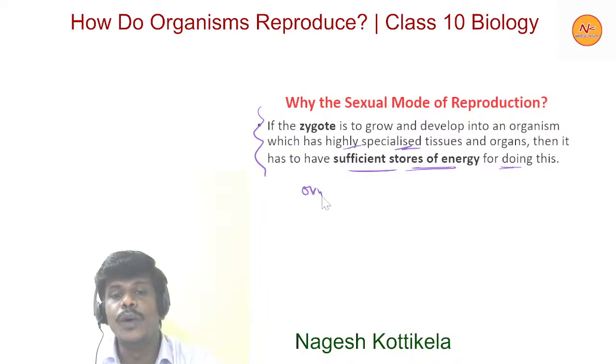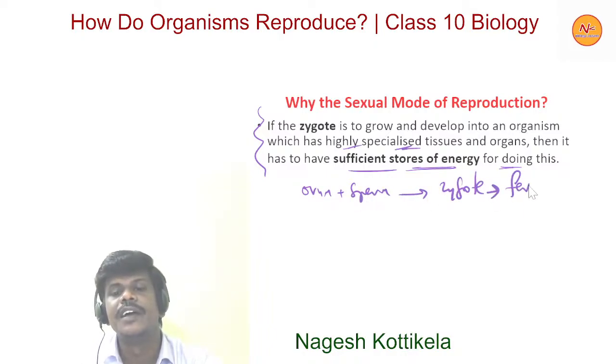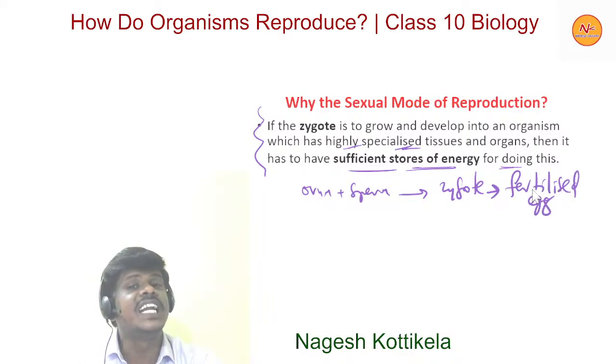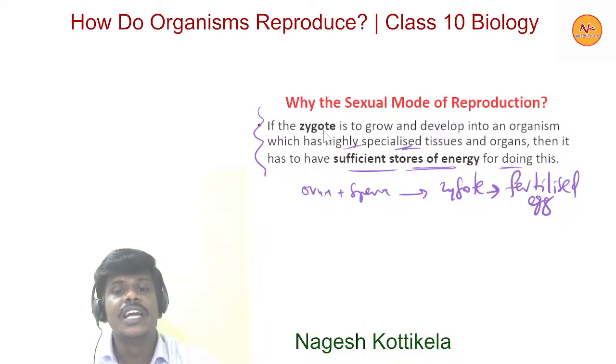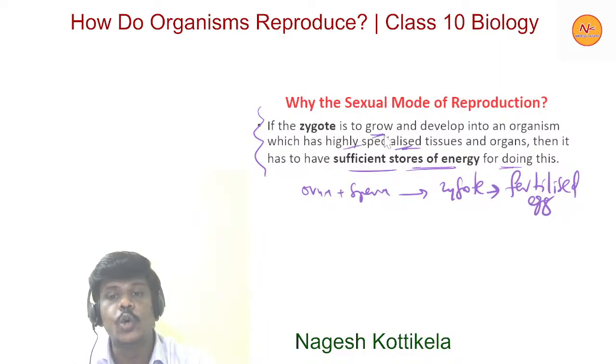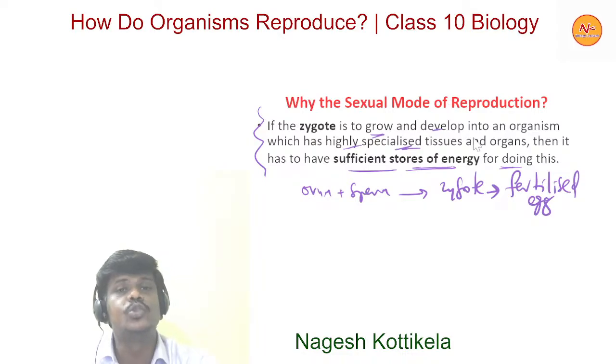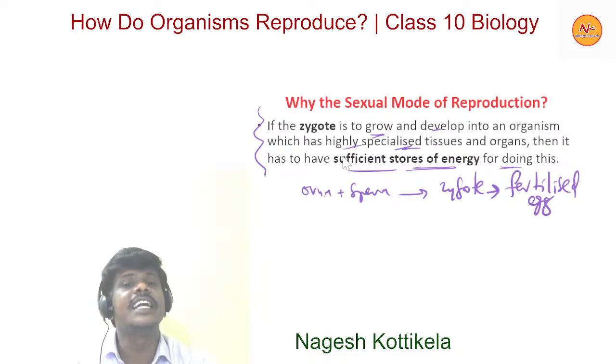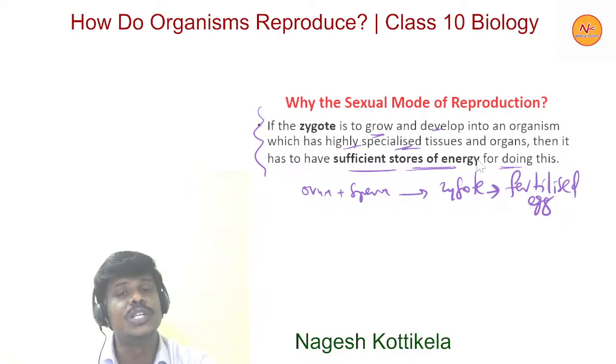Here, ovum fuses with sperm to form zygote. This zygote is nothing but the fertilized egg. And if the zygote is to grow and develop into an organism which has highly specialized tissues and organs, then it has to have sufficient stores of energy for doing this.